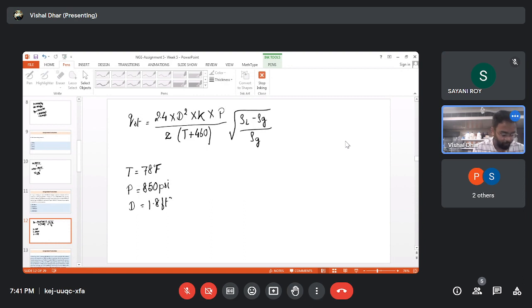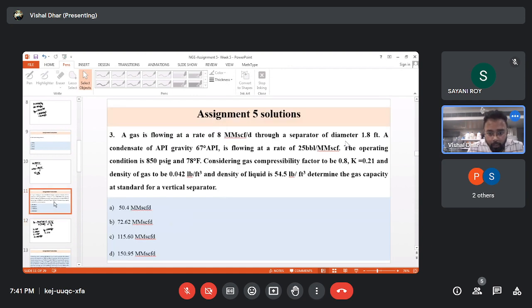D is 1.8 feet square, density of liquid equal to 54.2 lb per feet cube, density of gas equal to 0.042, Z equal to... Z, how much it is given?